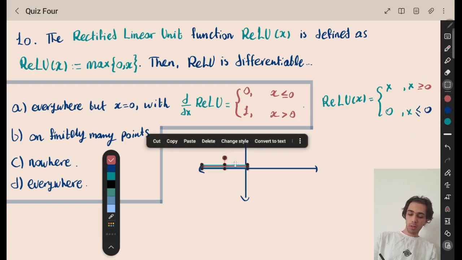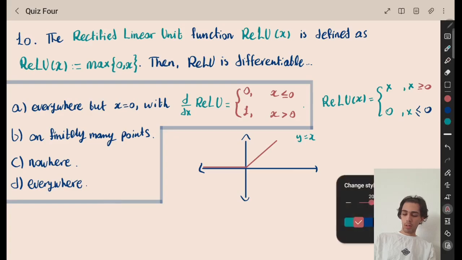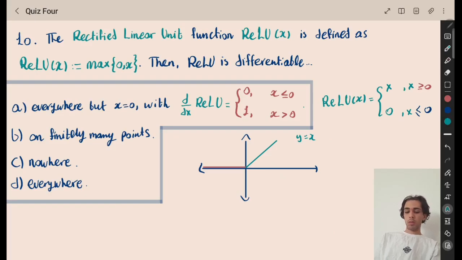I want you to imagine that this is exactly on the x-axis, but then afterwards it's very simple. You could even call it y is equal to x and color it in green, because why not? Because this is effectively what's happening.